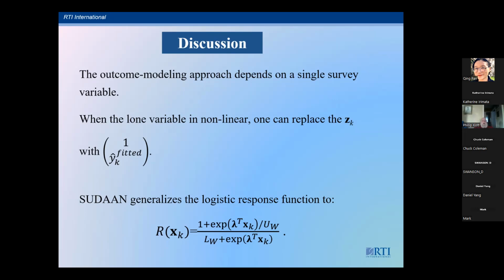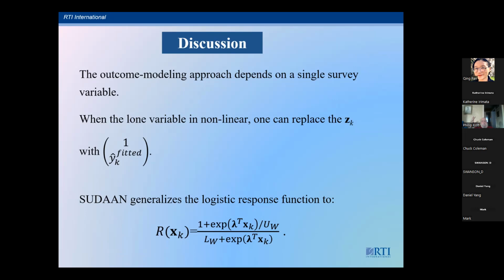Now, SUDAAN, I talked before about the logistic function, has a slight expansion of logistic regression. It will allow your weights to be bounded by something other than 1 and infinity.